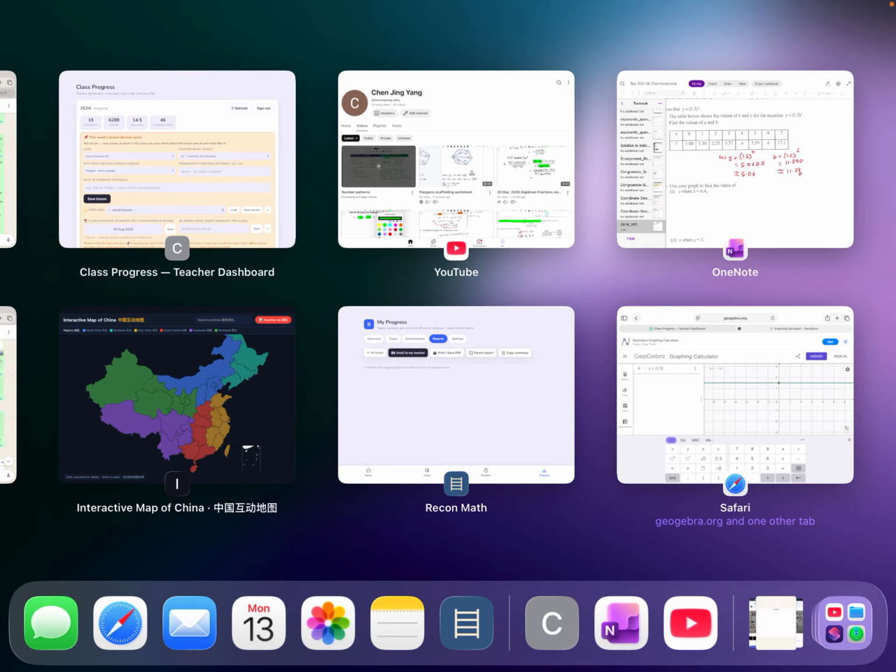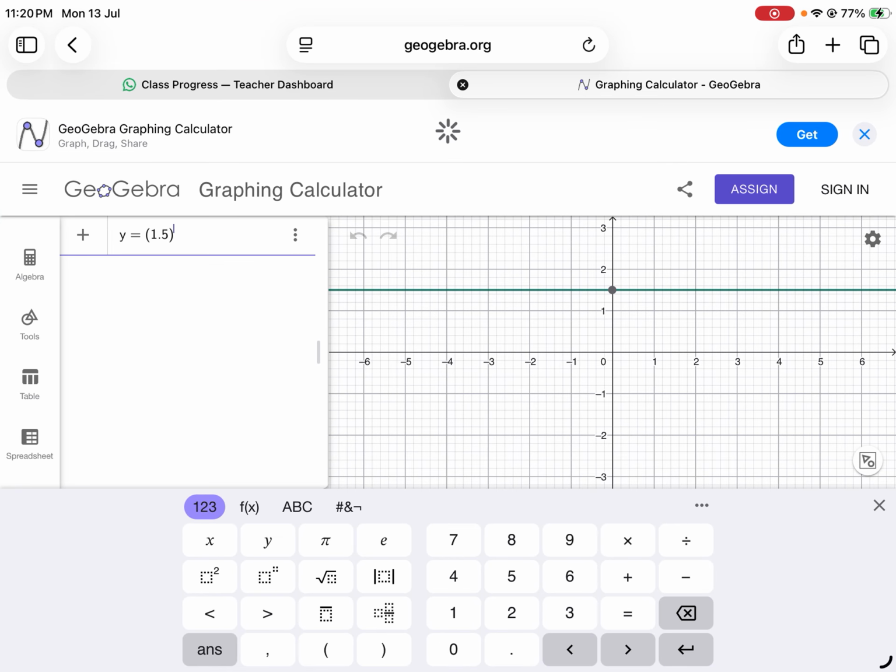Okay, 1.5 to the power of x. So let's see what we get.